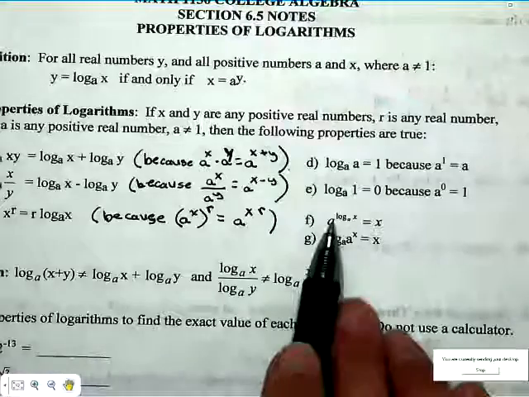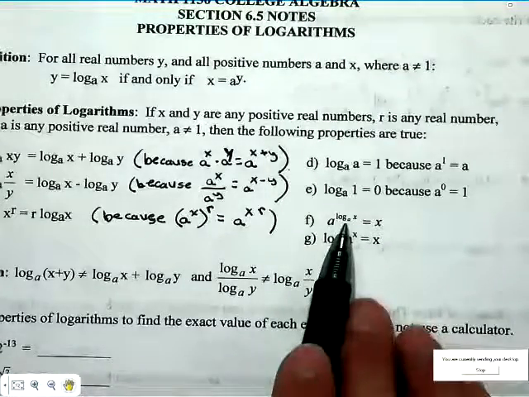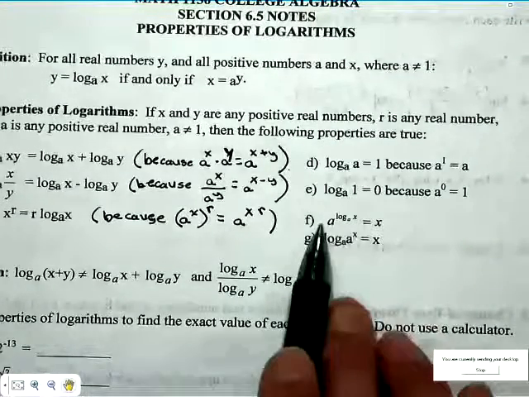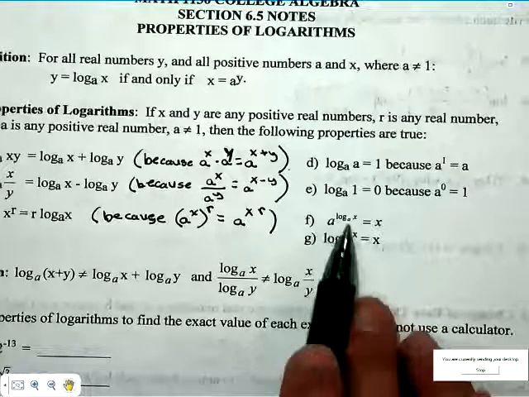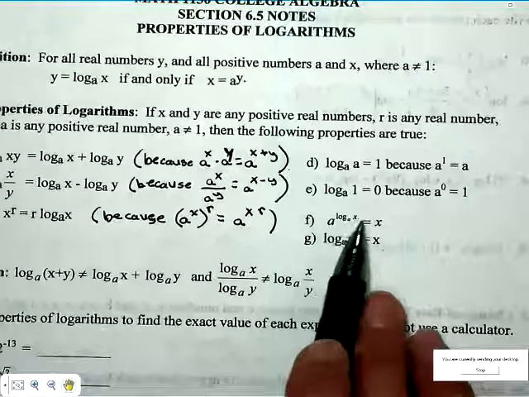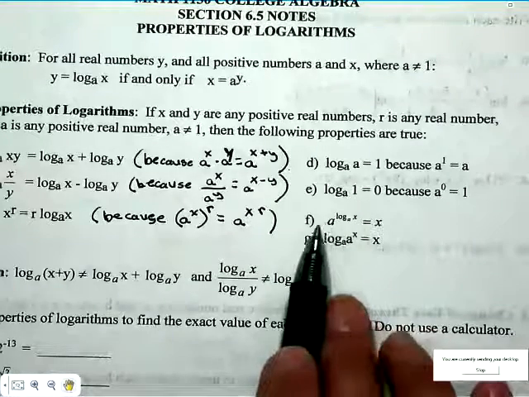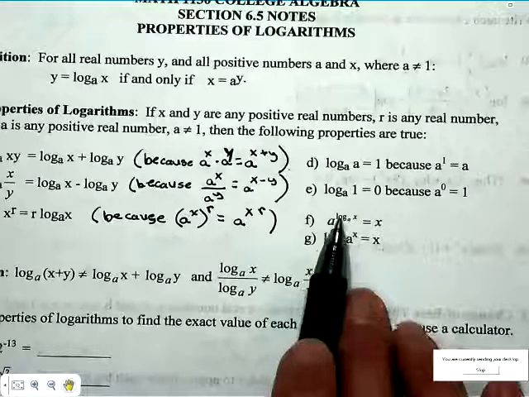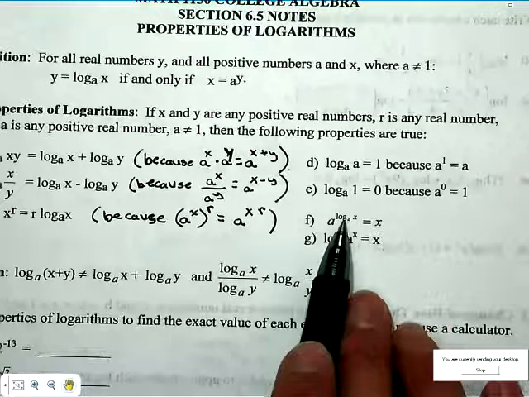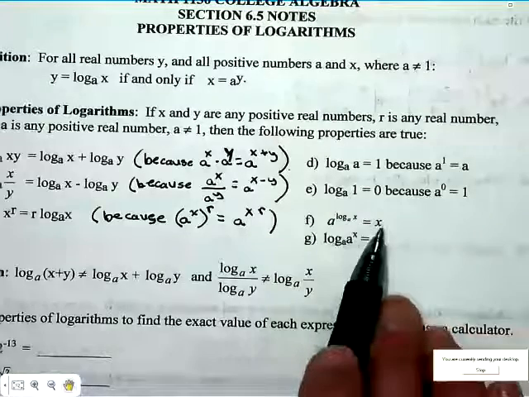Anything to the log with the same base of x, this exponent and the log undo each other. A to the log base A undo each other and just leave you x. If I said 7 to the log base 7 of x, the 7 to the log base 7 would just undo each other and leave you the x.